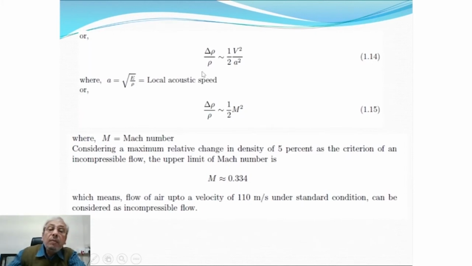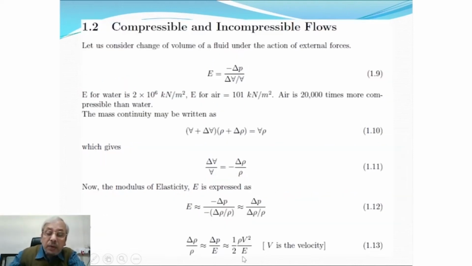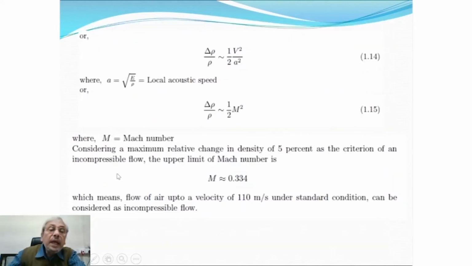So del rho by rho is proportional to half V square by A square, where A arises out of E by rho. So A is basically root over E by rho, and this is the local acoustic speed. So del rho by rho is half M square, where M is Mach number.